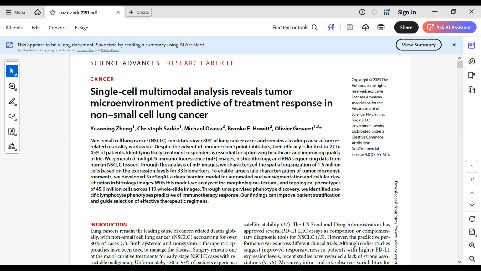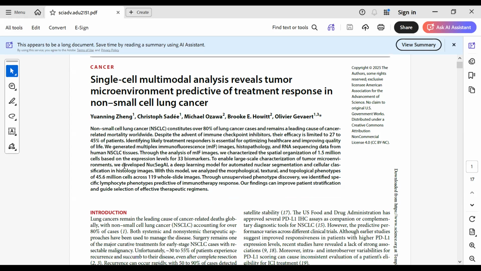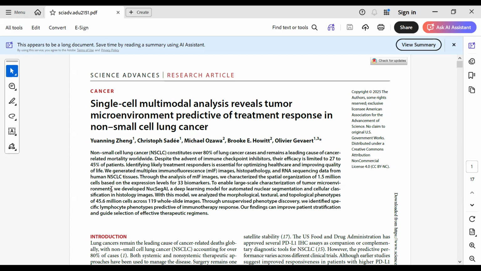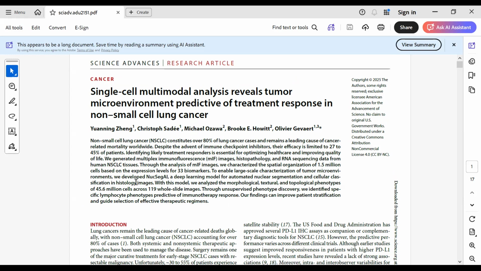If you see the abstract, this paper talks about non-small cell lung cancer. This paper has been published in Science Advances in May 2024 to 2025 by Zheng et al., from the laboratory of Olivier Gevaert at Stanford University, which represents a major advancement in precision oncology.